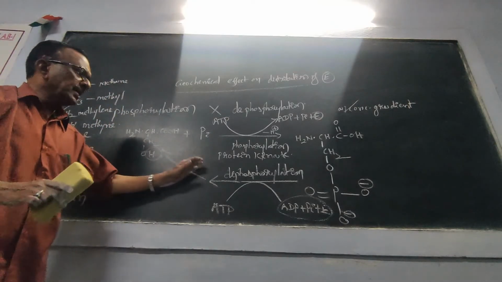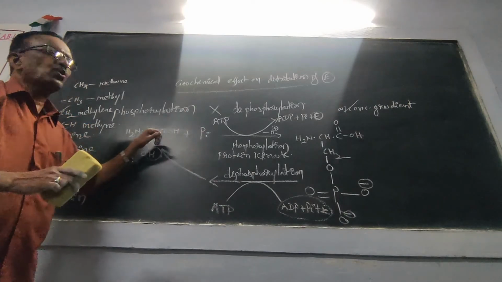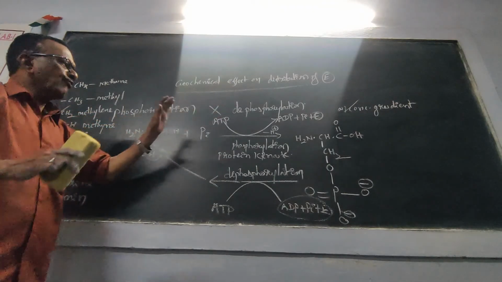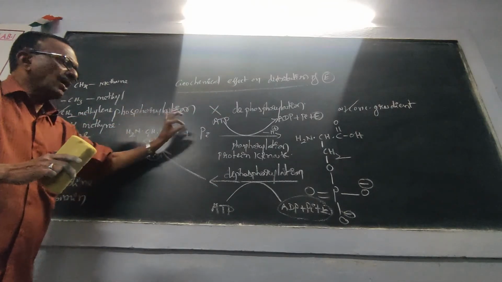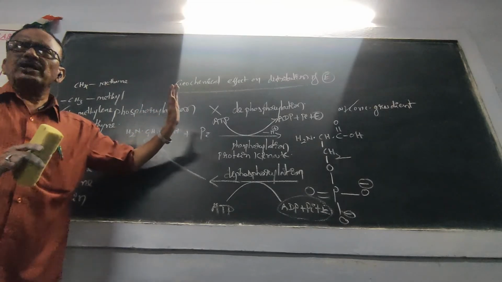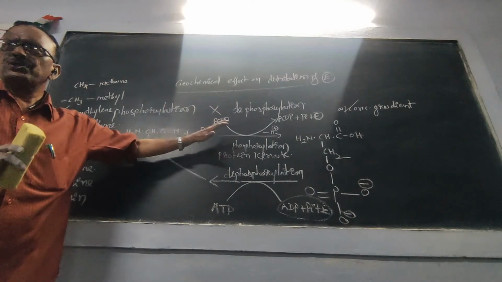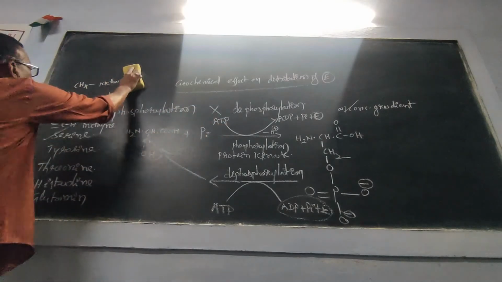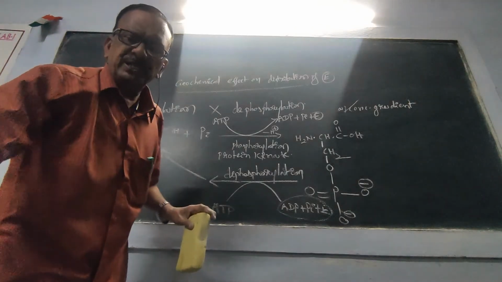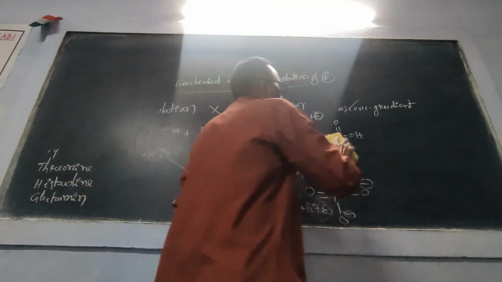That is, the phosphate group is being detached from the protein. That process is said to be dephosphorylation. So phosphorylation means addition of a phosphate group to the protein. Removal of a phosphate group from the protein is called dephosphorylation. Okay, now keeping this information in mind, we can easily learn and try to understand the sodium and potassium pump.